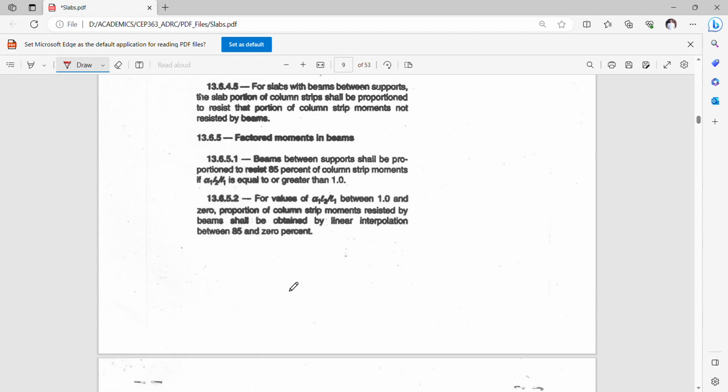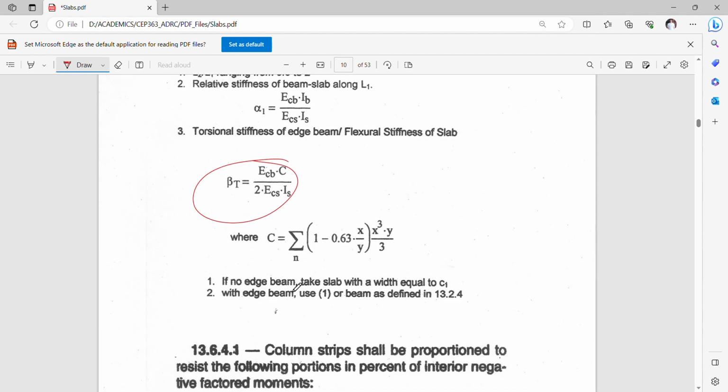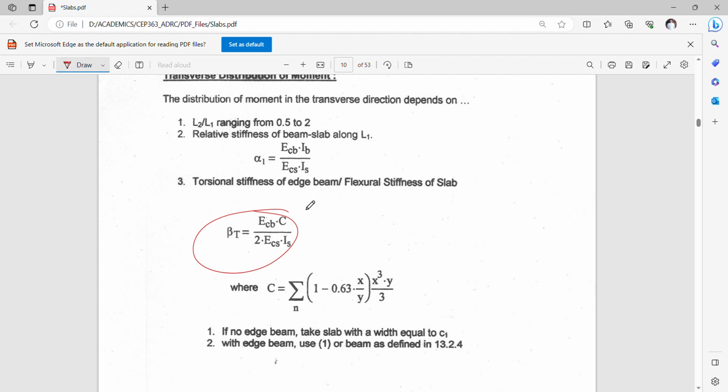So for the transverse distribution of moments, all we need to compute are these three. Take a look at the value of C here in the formula for beta t, where your C is also a torsional constant that has something to do with the dimensions of x and y.